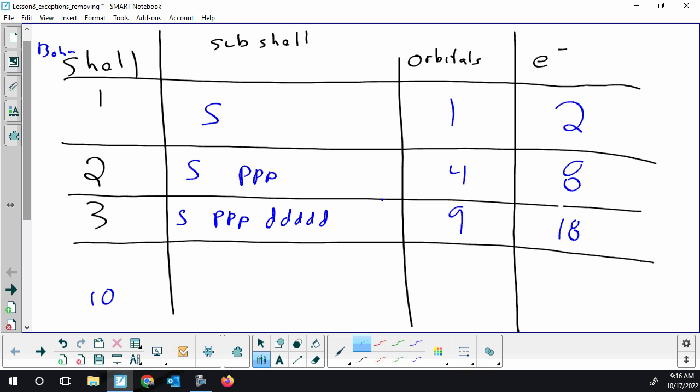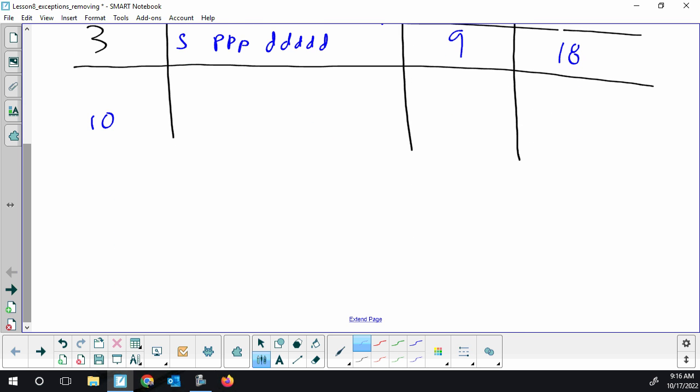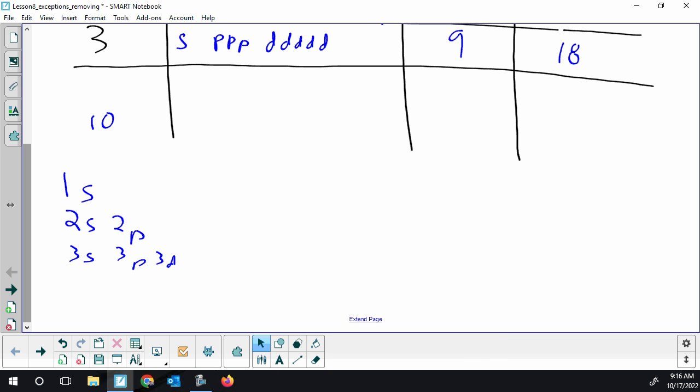Now, don't fill by shell. They fill by lowest energy working their way up, and you have that diagonal strategy, diagonals to figure out how they fill. I'm just going to do a little bit if you don't know what I mean by the diagonals. 1s, 2s, 2p, 3s, 3p, 3d. They don't fill by energy level.